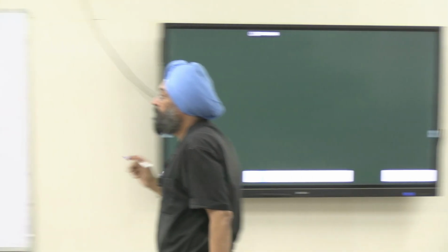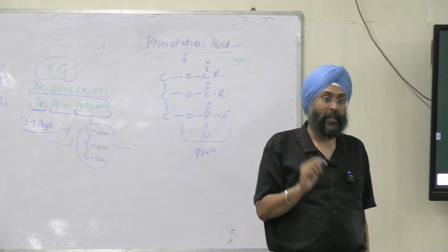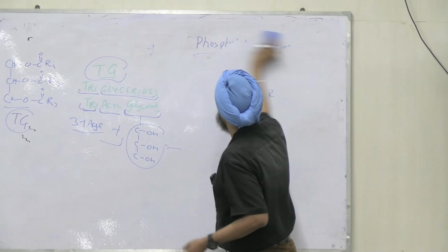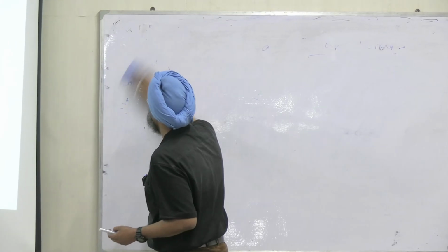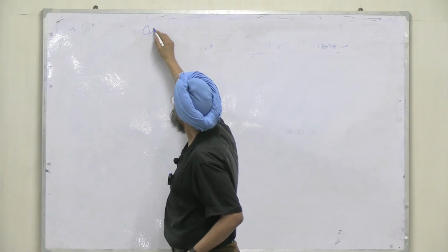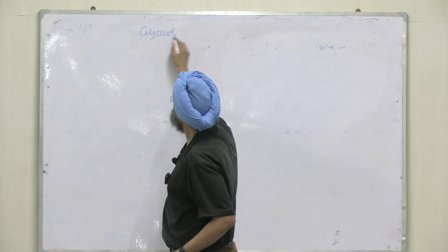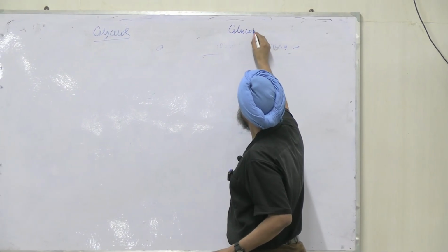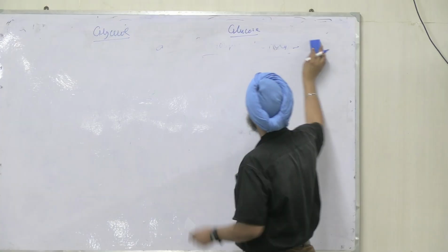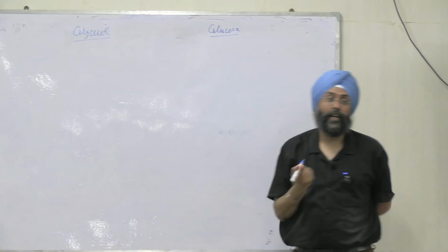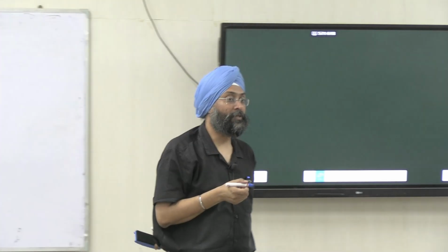And first of all, I will start with the metabolism or synthesis of triglycerides, right? The synthesis of triglycerides can be started from two products: one is glycerol and second is glucose, right? We'll start with glycolysis. Hope you remember the steps now.